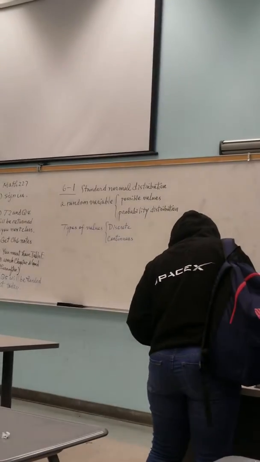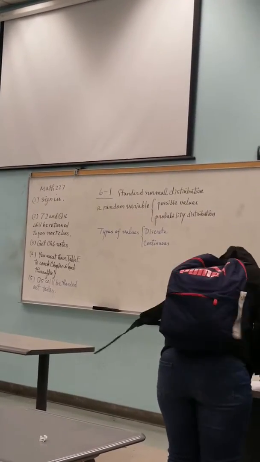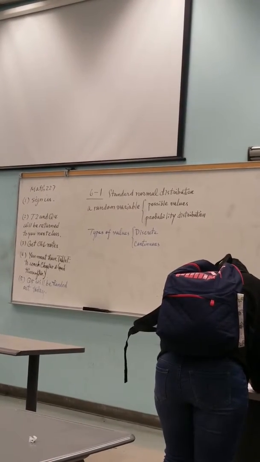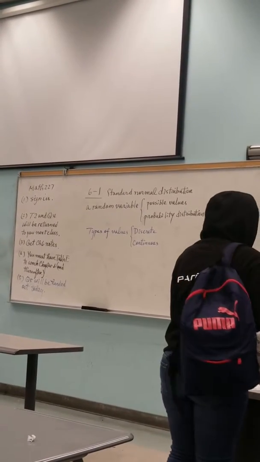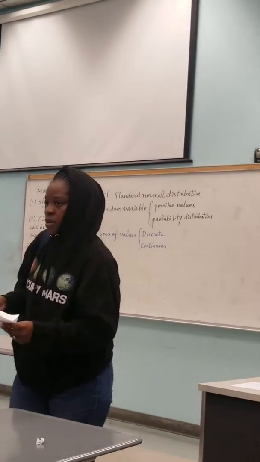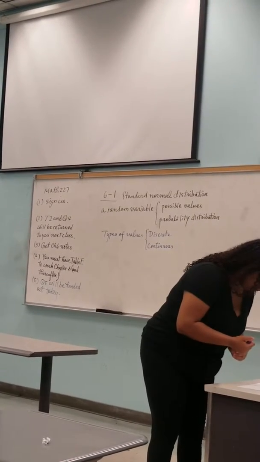For example, in chapter 5, maybe you set a random variable representing how many correct answers a student will get if he makes a random guess on a multiple choice test.